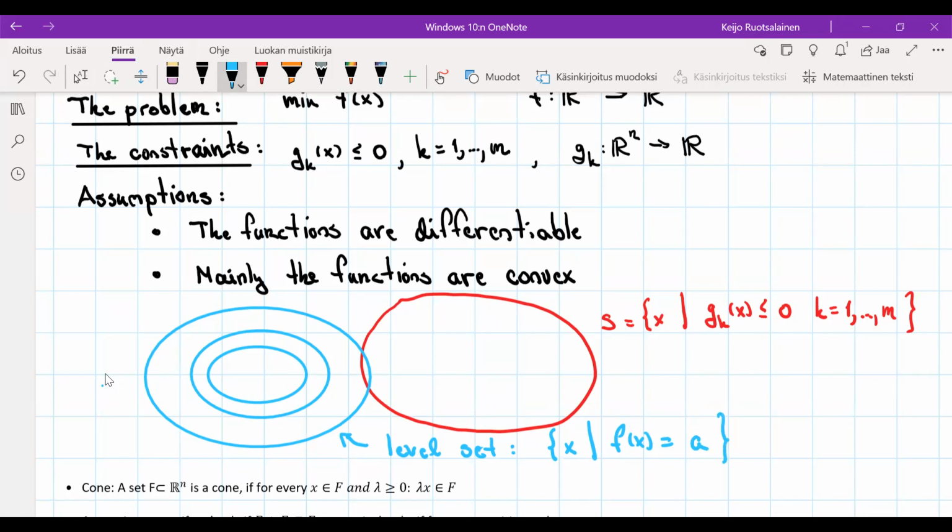So every level set, or equicontour line or equicontour surface, is drawn with the blue. And in most cases, if we have this convexity assumption behind, we have the global minimum of the function located somewhere here, which is of course outside our constraint set.